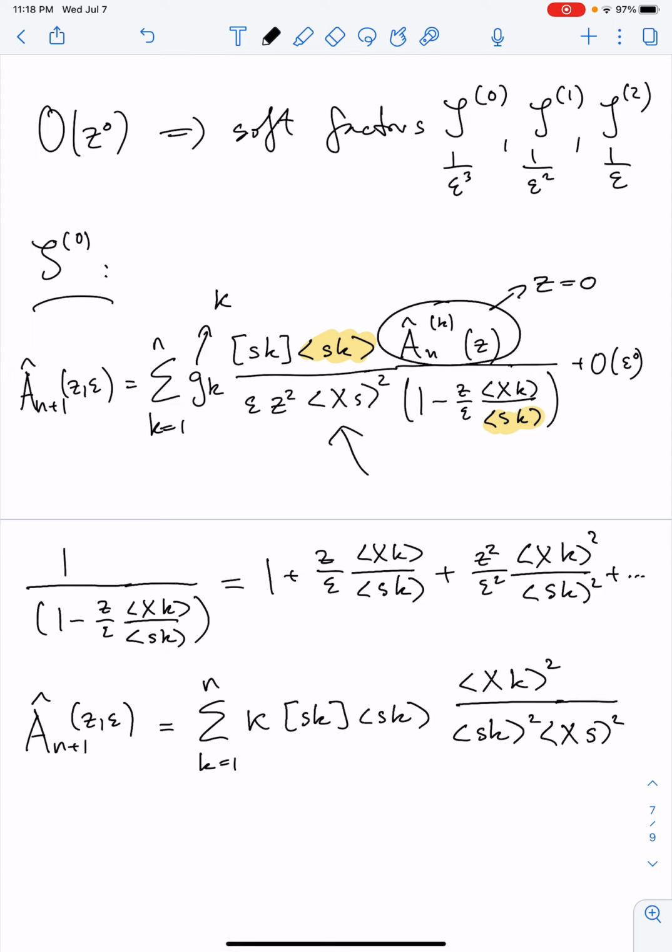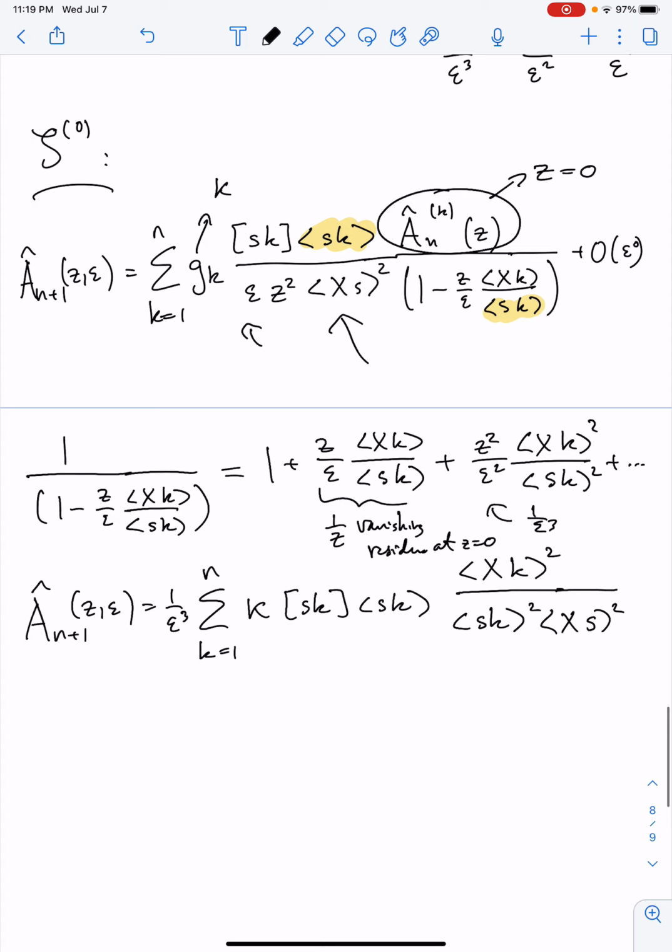The z squares cancel, and I end up with an overall 1 over epsilon to the cubic power, because I have 2 powers of epsilon from this term and 1 from that one. By the way, this term here, this was what would be vanishing, has vanishing residue. That was the one I took before, it was the 1 over z pole. So I get the 1 over epsilon cubed contribution from this term together with this epsilon. These z's cancel, I have z to the 0.